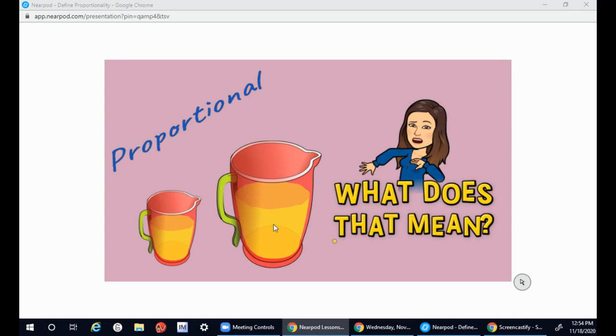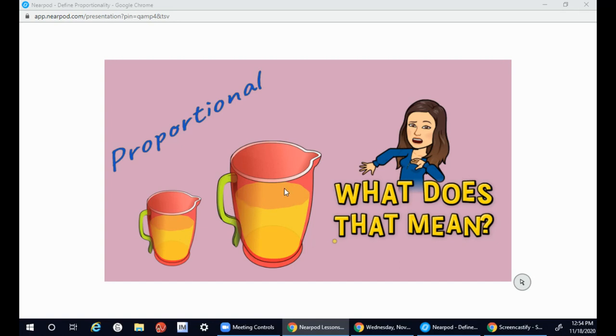But if I want to make a pitcher that's twice its size, I need to make sure that I double the water and double the powder. If I don't have the right combination or portions of ingredients, then my lemonade's not going to taste good. So proportions in the real world is all about having those equal amounts of ingredients if I'm going to double a recipe or triple a recipe, to make sure that what I'm trying to make comes out correctly.